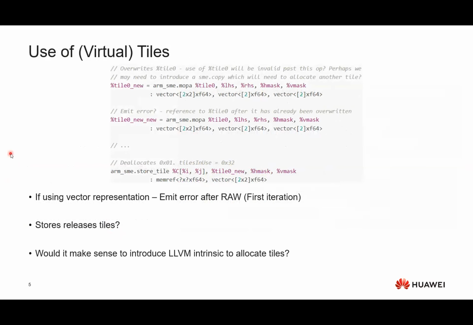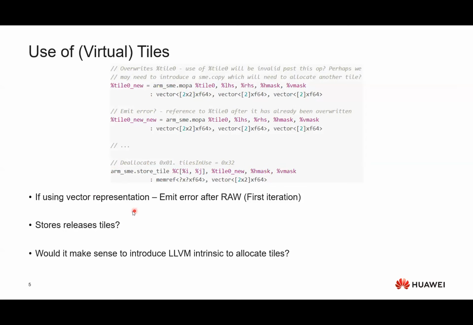Secondly, there's the use of these tiles. There's the outer product with the masks, and additionally we might want to deallocate the tile with a store op, but again, this is optional and debatable.